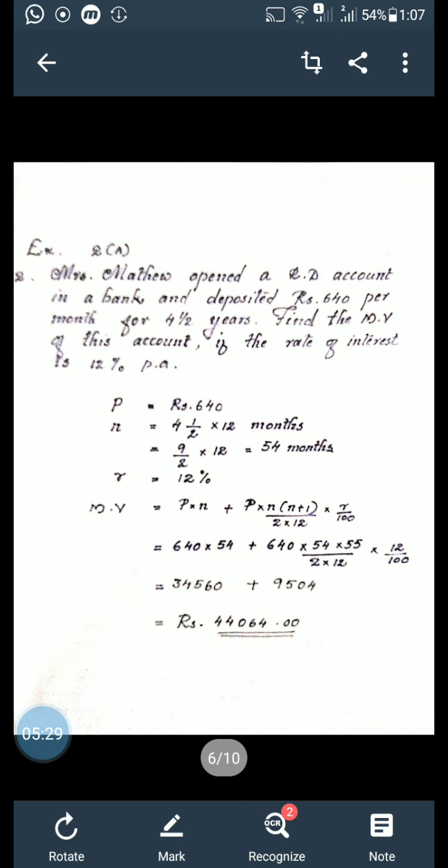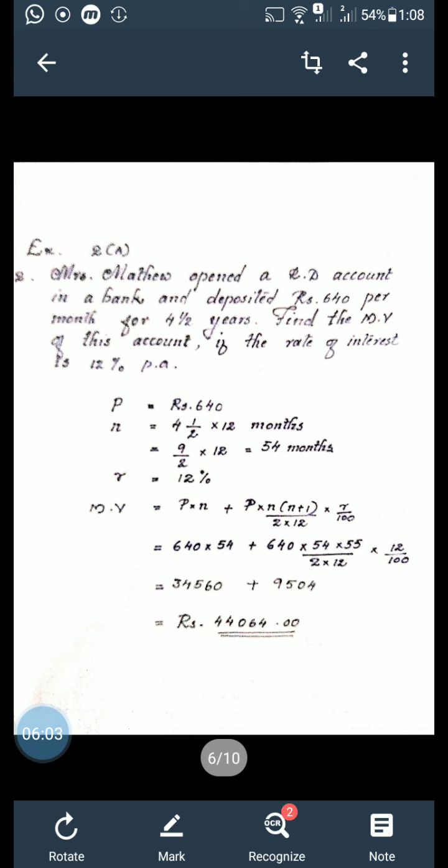Mrs. Matthew opened a recurring deposit account in a certain bank and deposited rupees 640 per month for 4.5 years. Find the maturity value of this account if the bank pays interest at the rate of 12% per annum. That is the question.